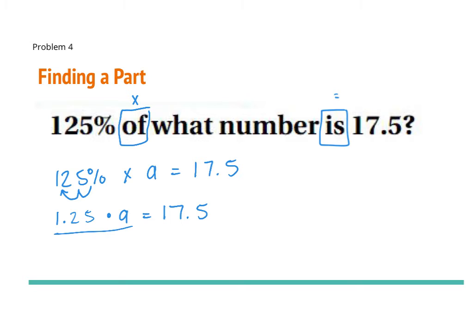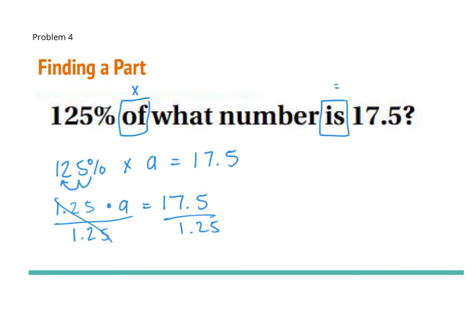All we have to do is divide both sides by 1.25, and A is going to be equal to 17.5 divided by 1.25. 17.5 divided by 1.25 is 14.